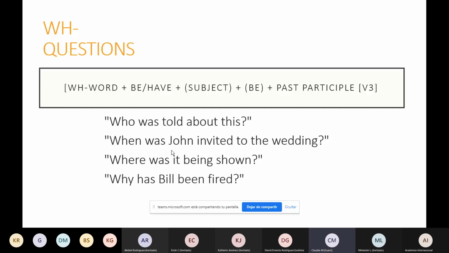Why has Bill been fired? Porque ahí ya no es fue, sino que acá es porque ha sido despedido. Y acá utilizamos el been en este caso. Porque ha sido despedido y aquí es muy diferente. Ah, ya. ¿Cuándo fue?